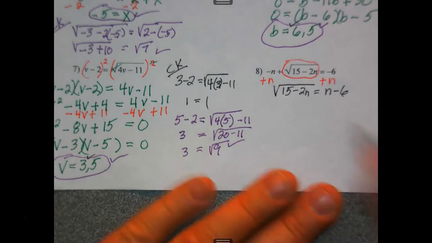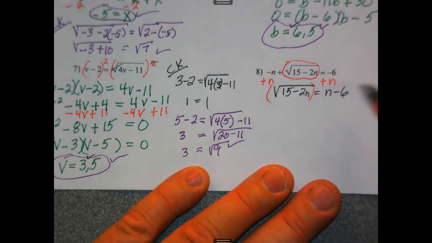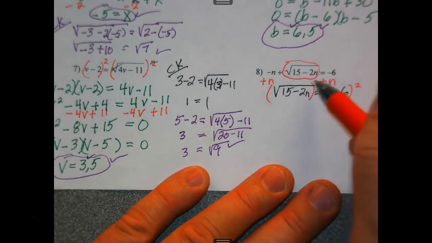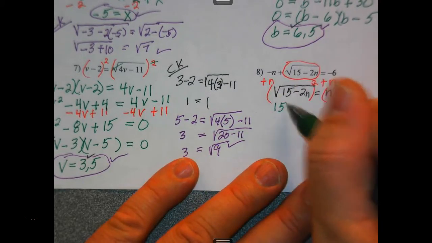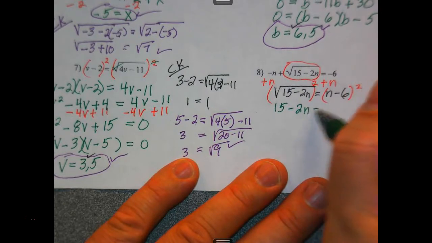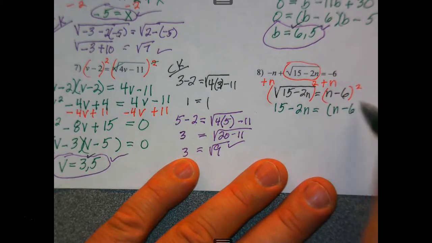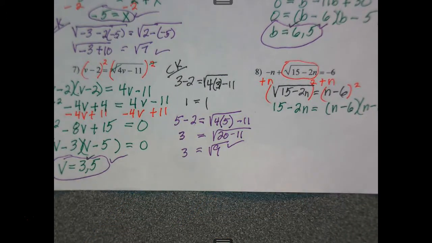Oh boy, guess what I get to do again? Okay, I have 15 minus 2n equals n minus 6 times n minus 6. My last problem, remember.